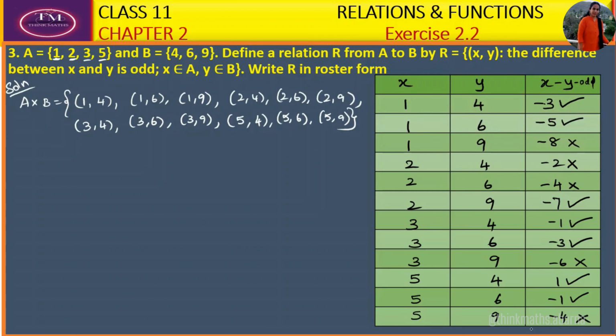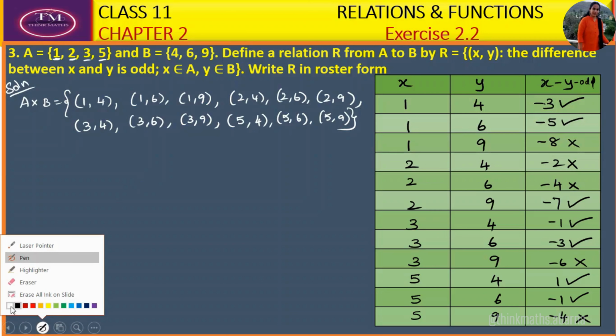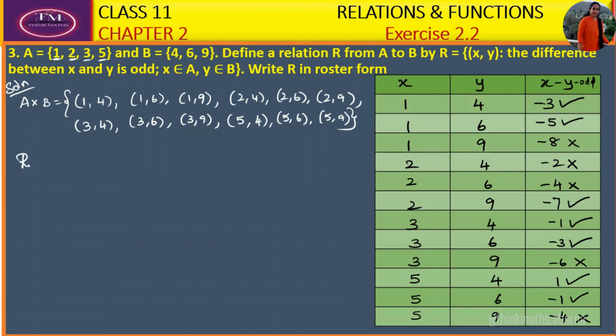Okay. Now we have to form the relation that satisfies this condition. We have to form the relation for only the tick part. So let us form the relation in roster form. R is equal to the set of all that are coming: 1 comma 4, 1 comma 6. 1 comma 9 is wrong. 2 comma 4 will also not come. 2 comma 6 will not come.